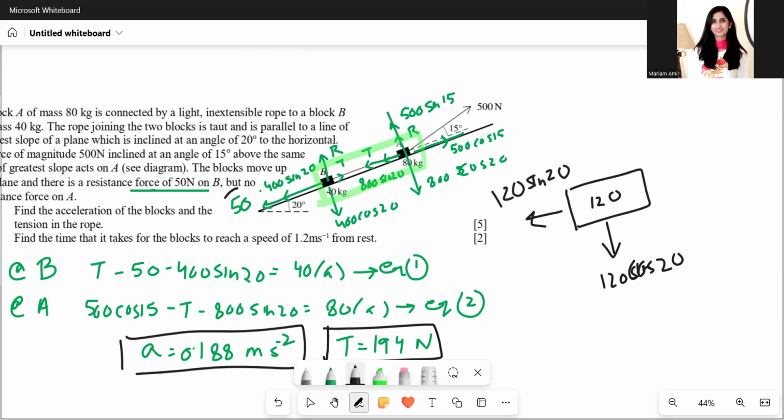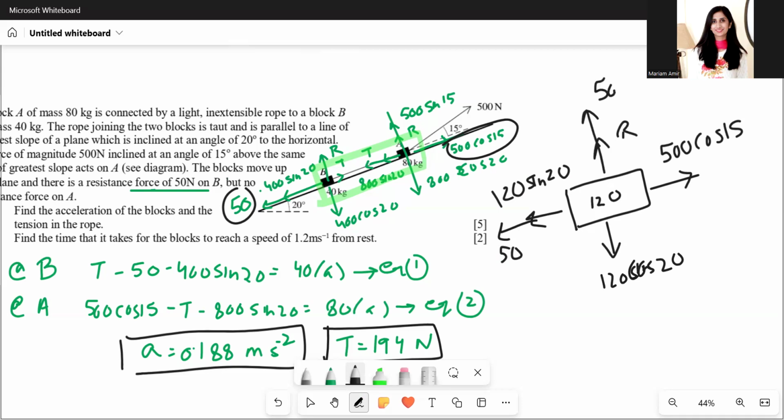Also a 50 Newton resistance here, and the forward force is this 500 cos 15. The biggest advantage of considering the entire system is that there is no tension here in this figure, and there's an R here, and also a 500 sine 15 component of the force.